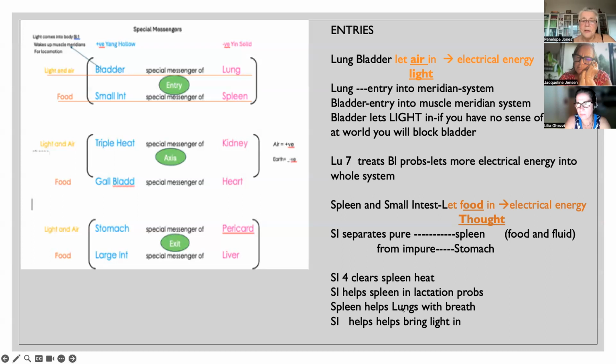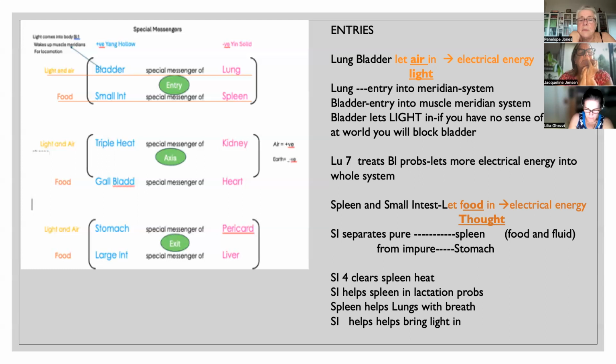So that's why I thought, aha, this is a spleen problem, because the spleen was depleted because of the studying. They had a problem with the lungs. So I actually treated spleens and lungs, both of them, and they got better. So spleen helps lungs with breath.